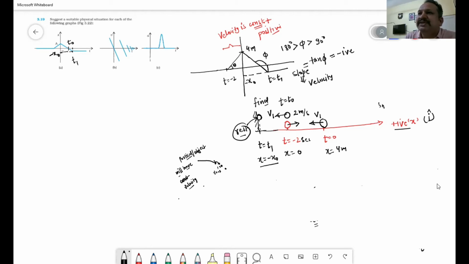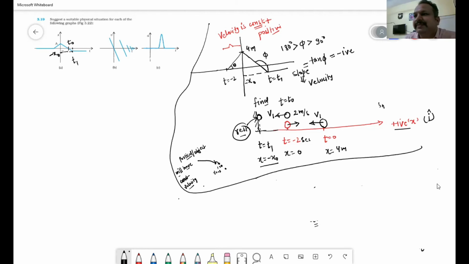Now I am going to discuss the second graph. The second graph is like this way. First I need to clear this.